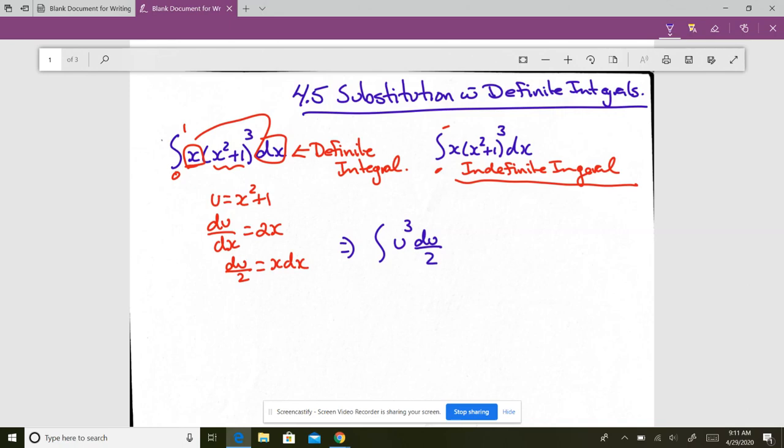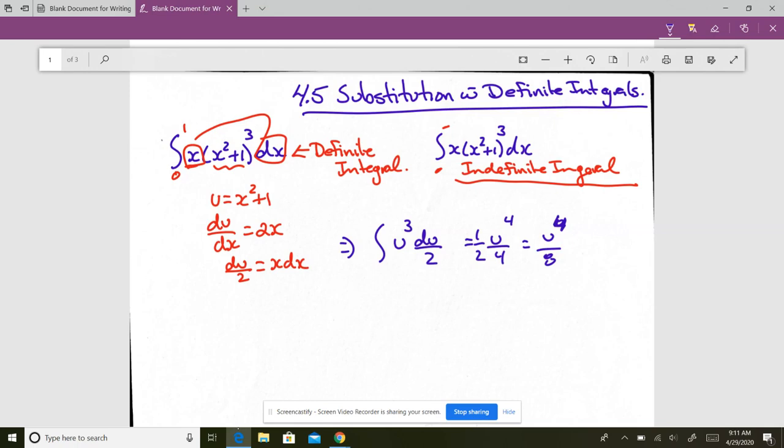And then you could do what we did before. So that is going to be u to the 4 over 4, times 1/2 there. That's going to give me u to the 4 over 8.